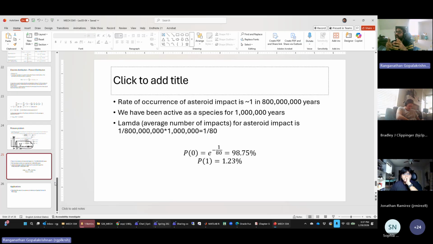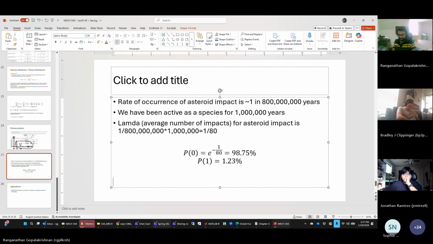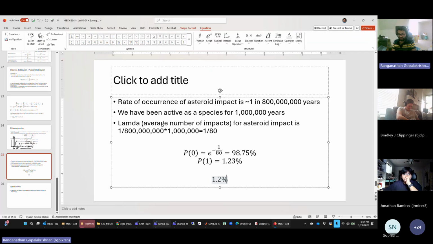If it happens, when it will happen is another sub-question, to model whether that distribution is linear in time or non-linear in time. Maybe that is also something we could model as a Poisson distribution. Let's say 1.2% is the chance that something bad could happen in a period of 1 million years. Let me think here.